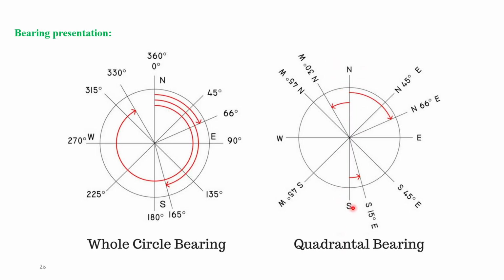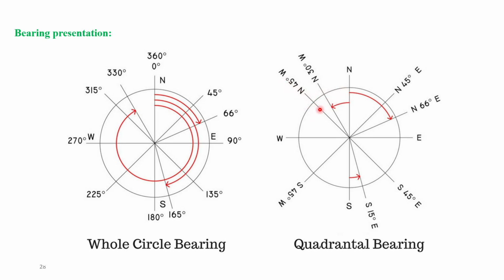Suppose one line is at 45 degrees from north, so we write north 45 east. Suppose this is one more line; here we write north 45 towards west.